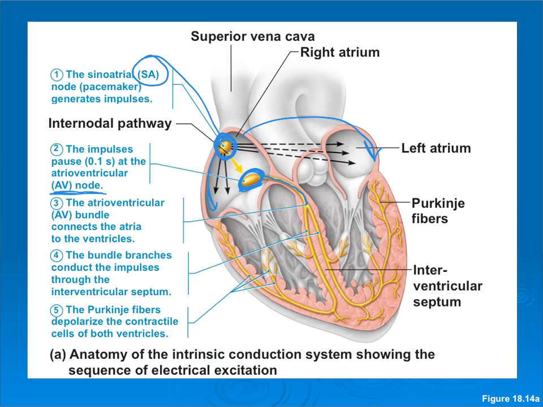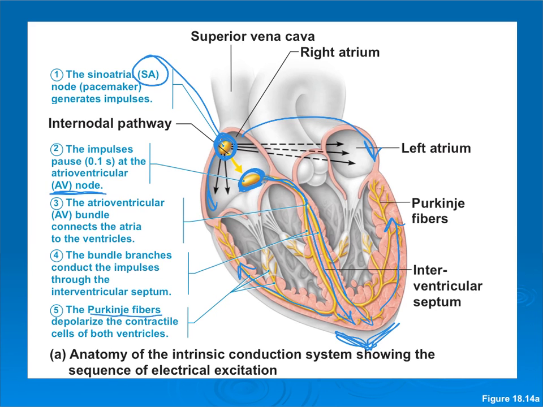So we have what we call the AV bundle and then the bundle branches, okay, which will carry the current towards this bottom portion of the heart, which we call the apex of the heart. And then it's going to spread up the sides of the ventricles through what we call the Purkinje fibers.